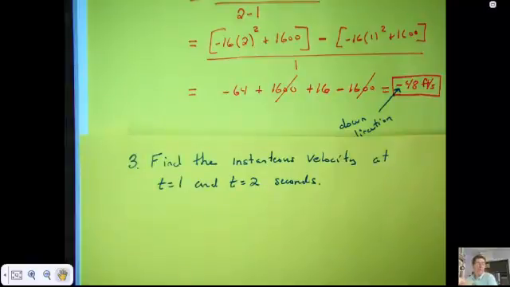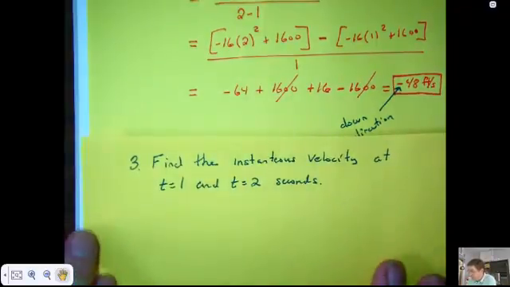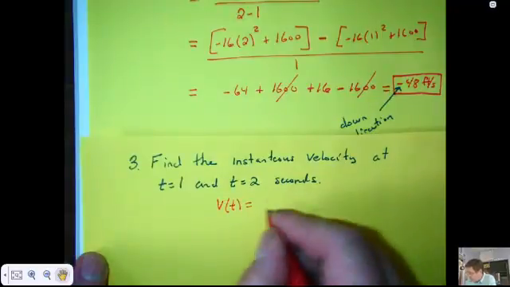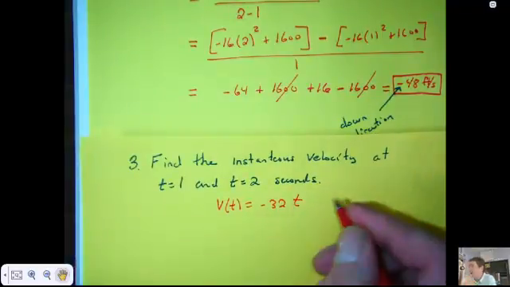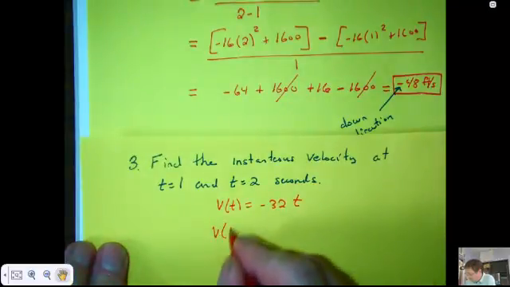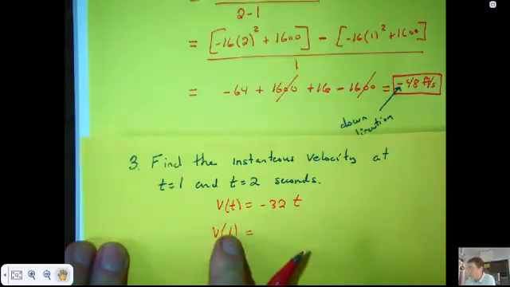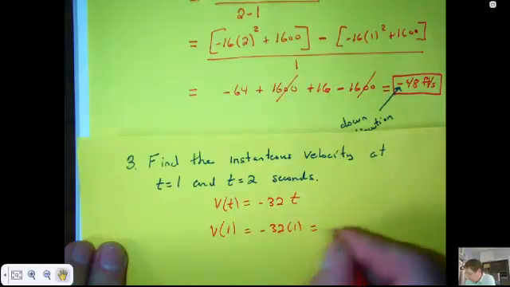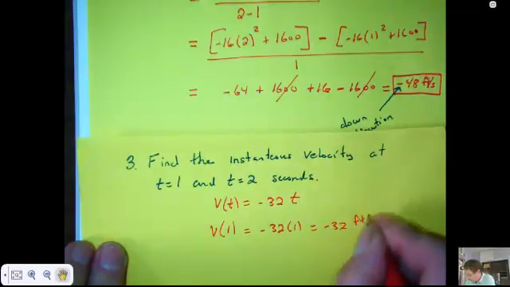So what is this asking us to find? We know that the velocity function, v of t, is negative 32t. That finds the instantaneous velocity at any time t we want. So v of 1 at 1 second would simply be negative 32 feet per second.